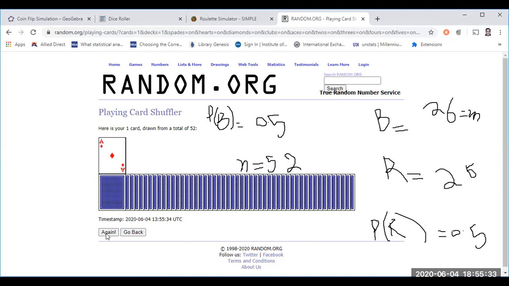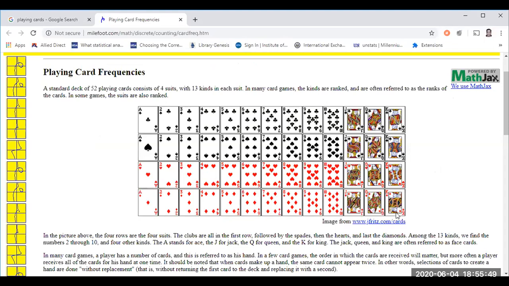Just keep on doing it, and you can see that this can very easily do the job for us. Now let's take another situation. Let me show you the cards again. If I ask you a question, what is the probability for a heart card to appear?